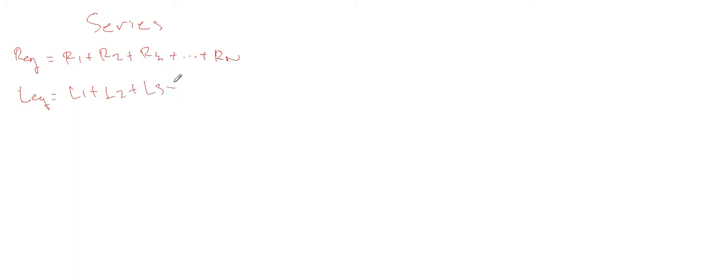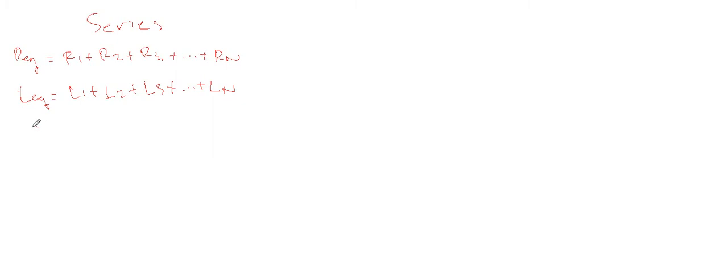So, for series, we have R equivalent natin is simply equal to R1 plus R2 plus R3 plus that plus Rn. For L equivalent or inductor natin, we have L1 plus L2 plus L3 plus that plus Ln.